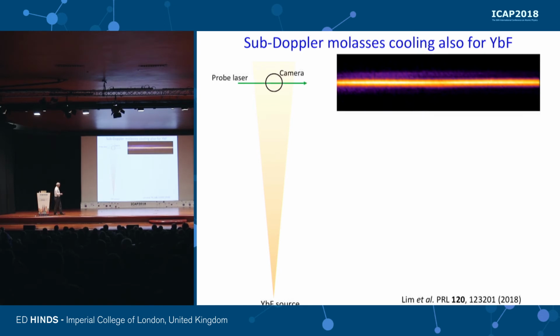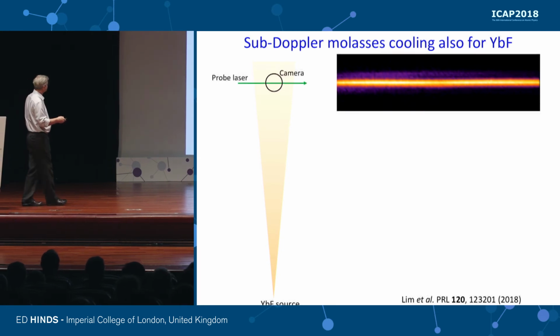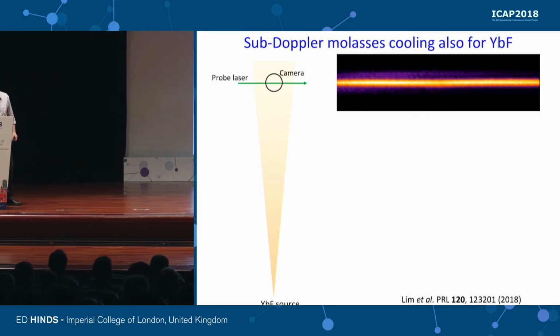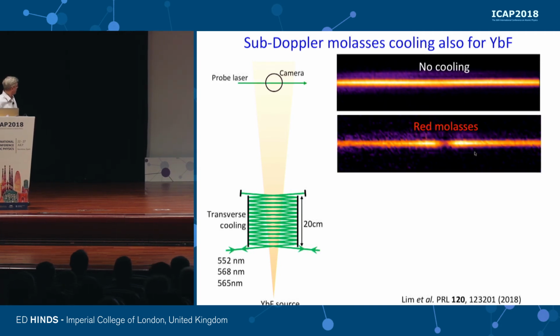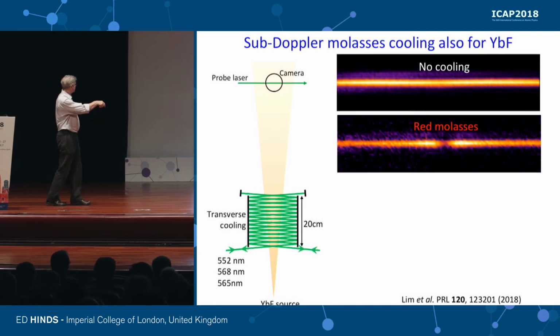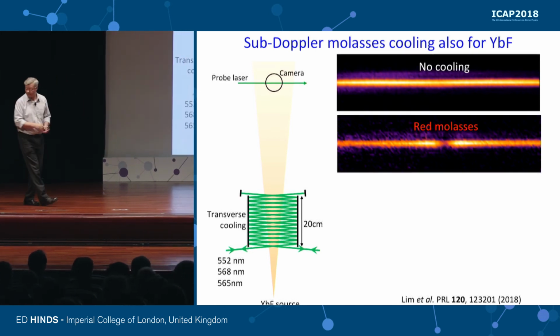But when we turn on the red detuning, there we go. When we turn on the red molasses, we see this very interesting structure here.